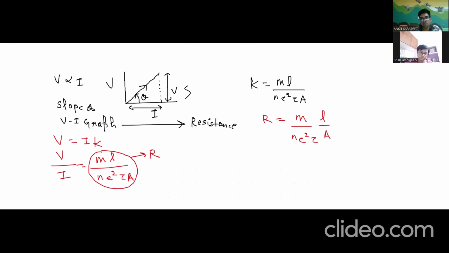R is equal to, this entire term, rho, m by n square tau, this is rho L by A. So what is rho? Rho is m by n square tau. This rho is electrical resistivity, or we can say resistivity.